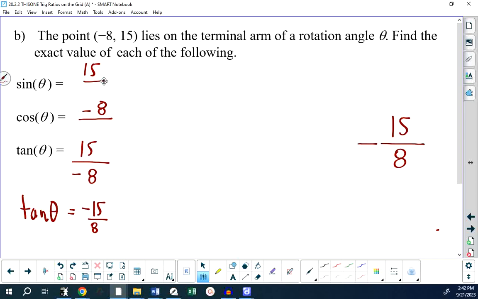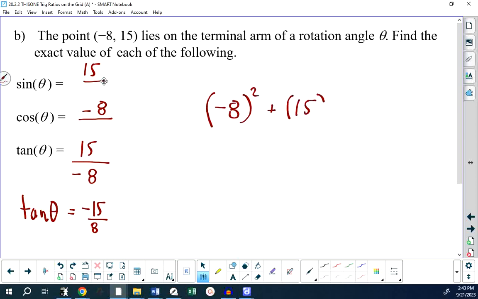So what are we missing? R. How do we find r? X squared plus y squared equals r squared. So negative 8 quantity squared plus 15 squared equals r squared. Personally, if I'm using my calculator to figure out what the sum of these squares is, I wouldn't even put the negative in because I know when I square it, it goes away.